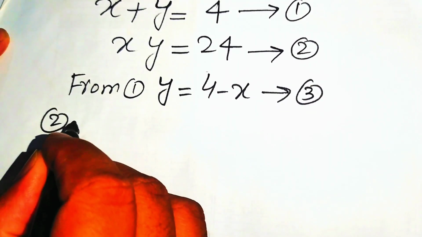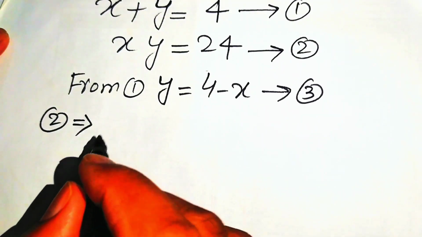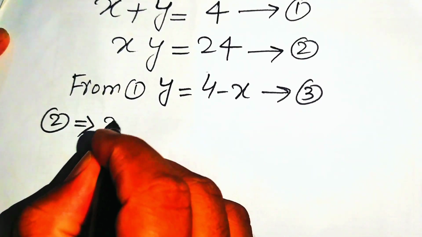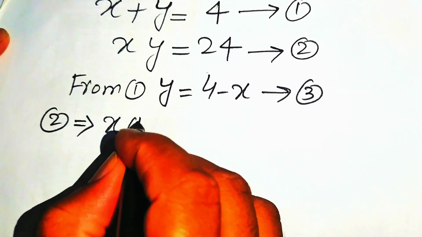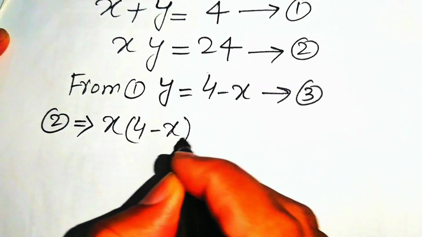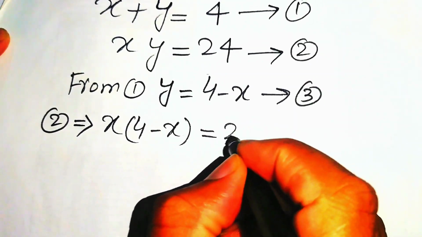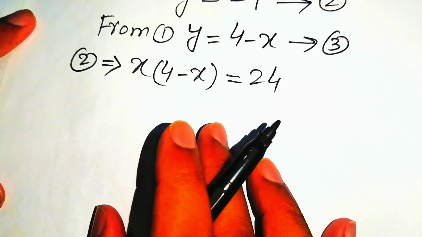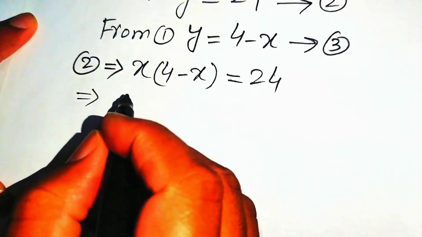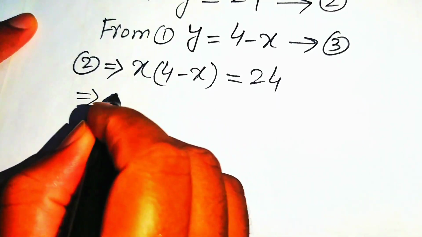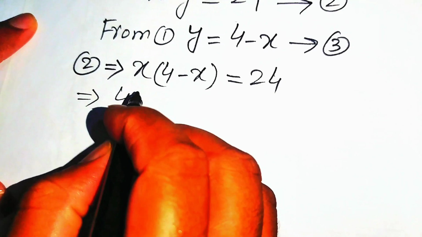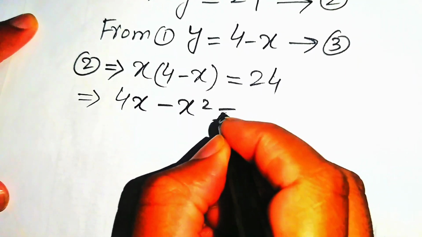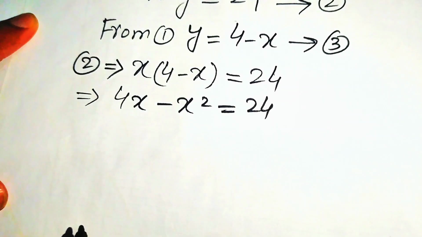Now equation number 2 implies, because this is x multiplied by y, x times (4 minus x) equals 24. Now we simplify the terms: we multiply this x to both of these terms and we get 4 times x minus x square equals 24.